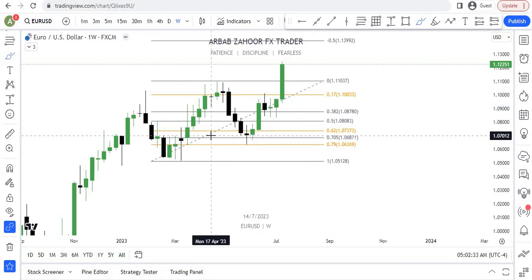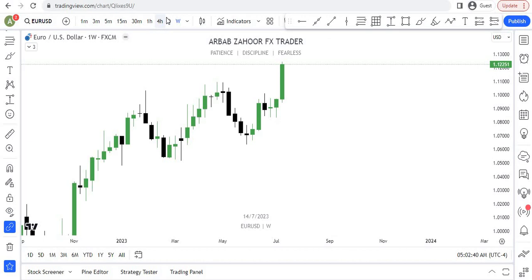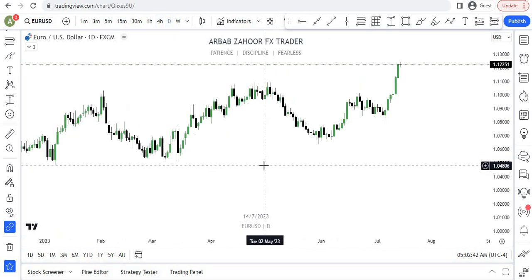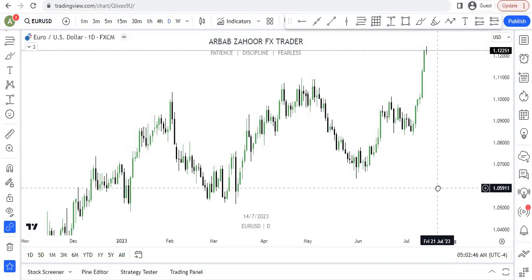So we find out that on the weekly we have a bullish bias. Now we will go to the daily and find out what is going on in the daily time frame. In daily, we also see the price is bullish.